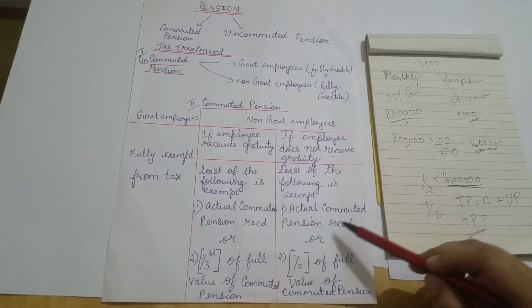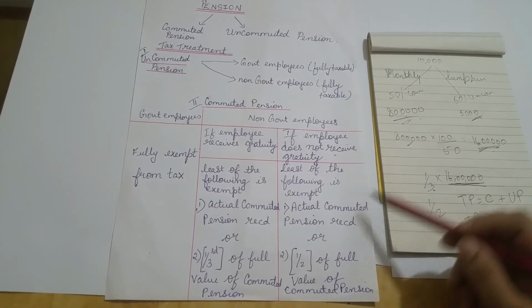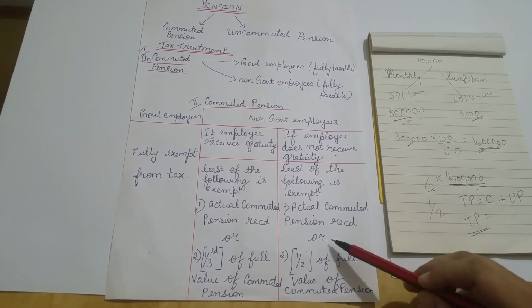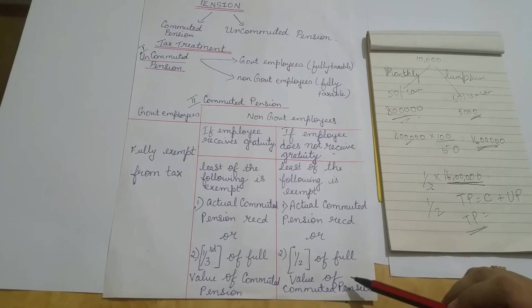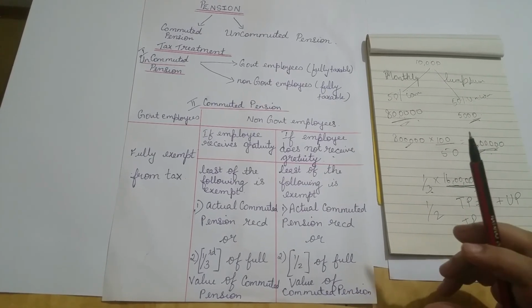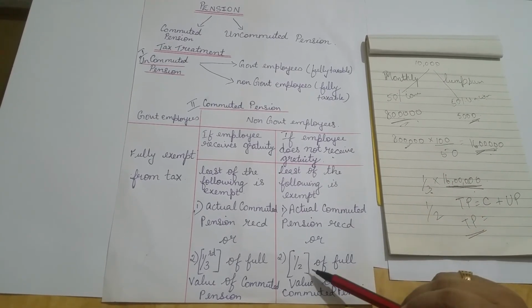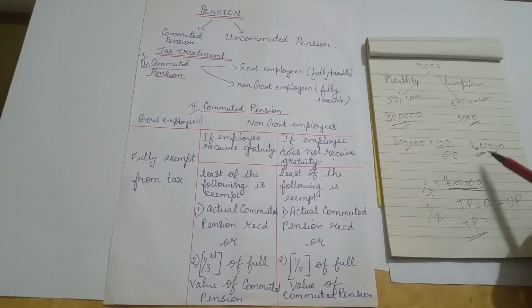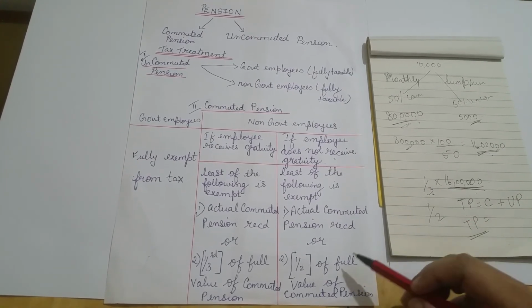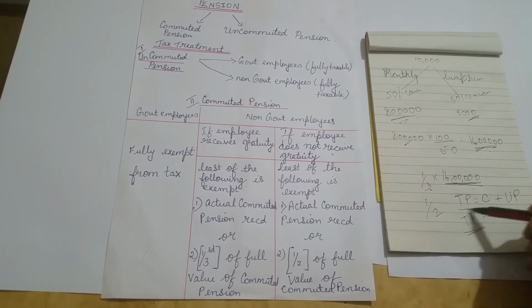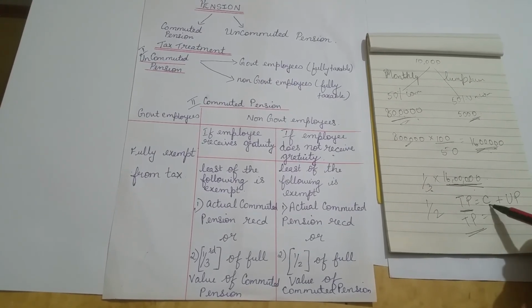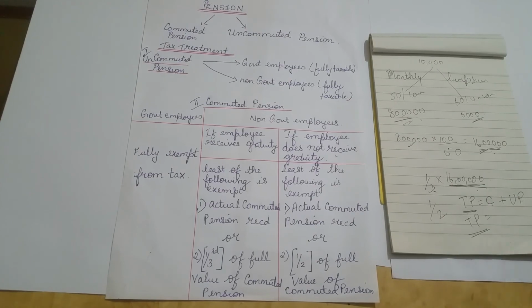First is actual commuted pension received, in this case the same 8 lakhs, or half of full value of commuted pension. Full value of commuted pension means the full value of the entire pension amount if you had surrendered. So half into 16 lakhs you do, and that value you have to write over here. Finally remember, whenever you're calculating taxable pension, you should add both commuted pension as well as uncommuted pension.